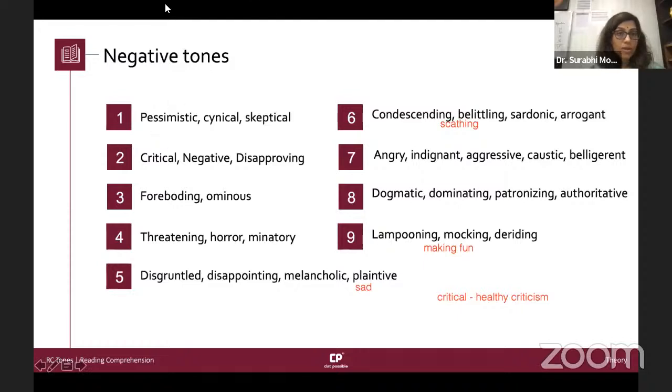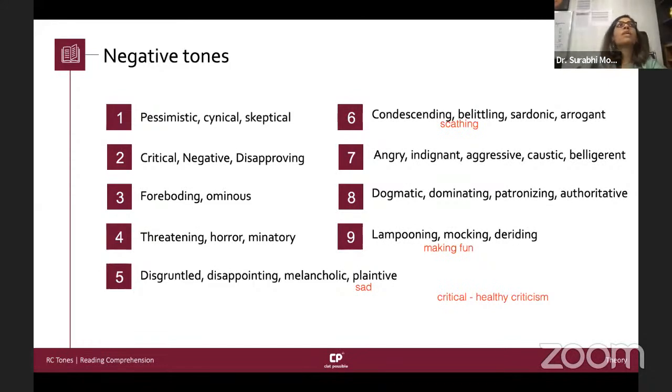There is a query for number 8. So number 8, the thing is that the tone, dogmatic or patronizing or dominating, usually will not be seen in a whole passage. Within a passage, if someone is giving an order, or in a story, if there is a position that a person is assuming, then you will notice a patronizing or authoritative or dogmatic tone.